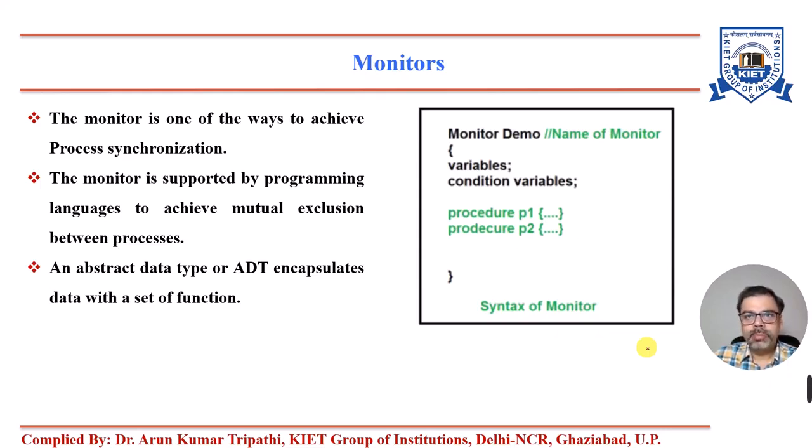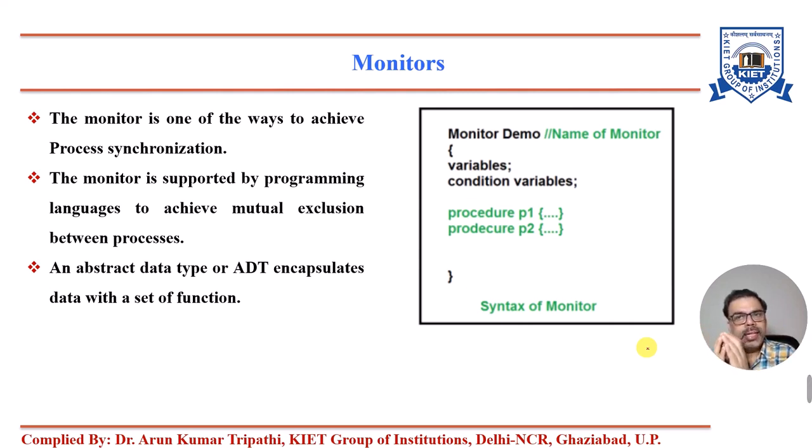Monitors are basically a concept of object-oriented programming. In this, the functions and variables are combined together inside the class. So the class or the monitor basically combines these two things.